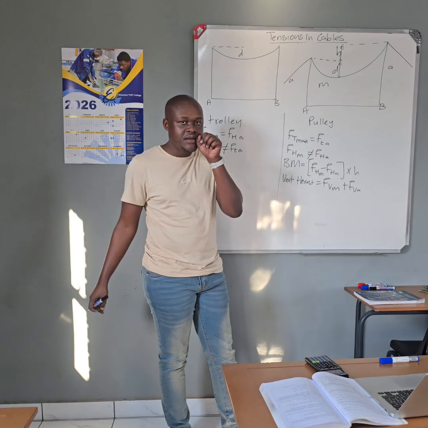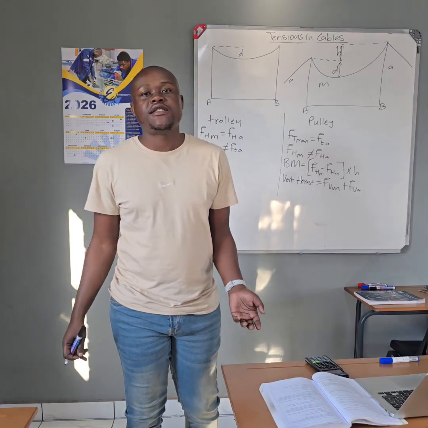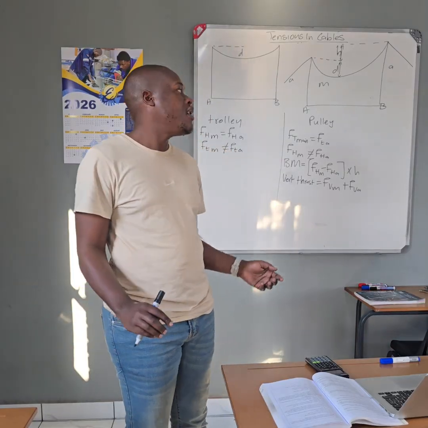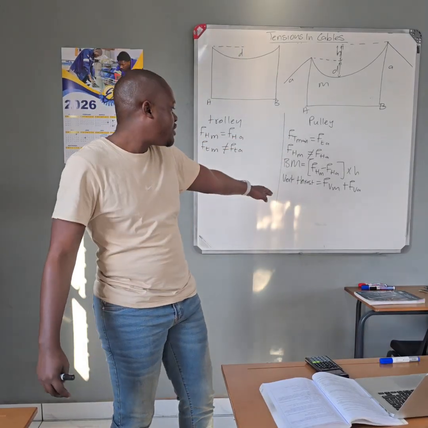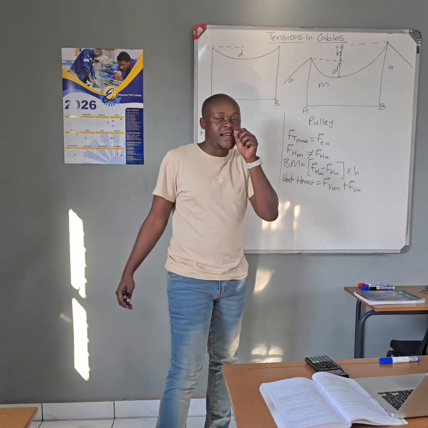The vertical thrust can sometimes be called a reaction. So if they say calculate the reaction at support B, we will simply add the vertical forces over.